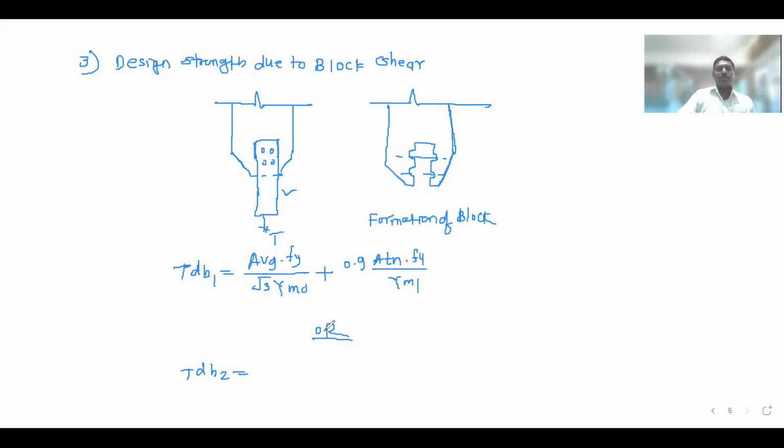So this is the first formula. The second formula, TDB2, so we can calculate in two ways. 0.9 AVN into Fu divided by root 3 gamma m1, plus ATG into Fy divided by gamma m0.